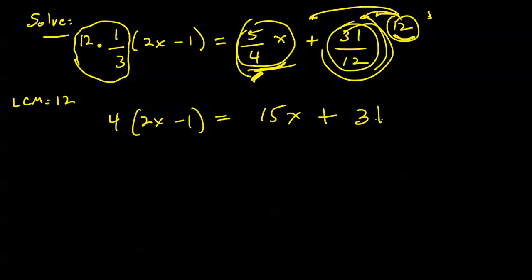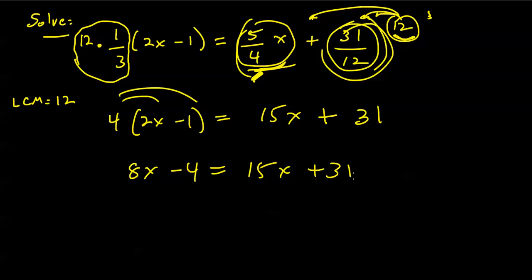So, playing my cards right with a little good housekeeping, I get an equivalent equation with no fractions. Well, it turns into the easier ones that we can solve like before. Applying my distributive law on the left, I get 8x minus 4 equals 15x plus 31.